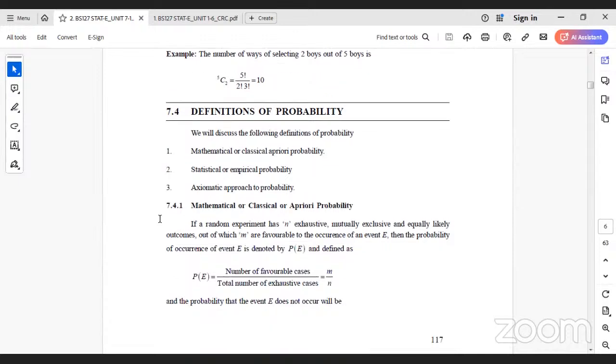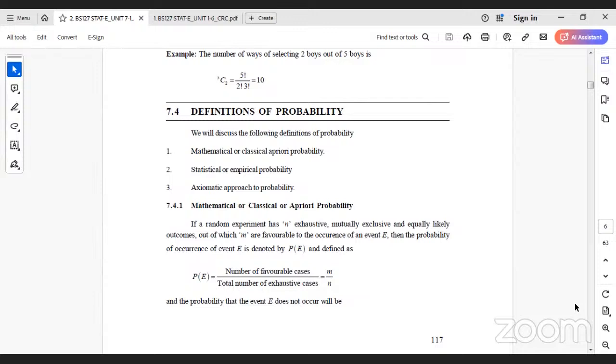Definitions of probability. We will discuss the following definitions of probability: mathematical or classical probability, statistical or empirical probability, and the axiomatic approach to probability.